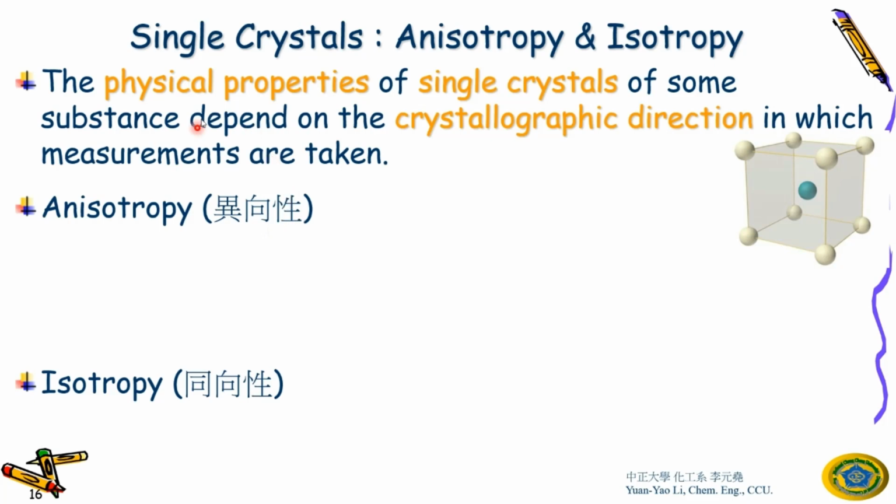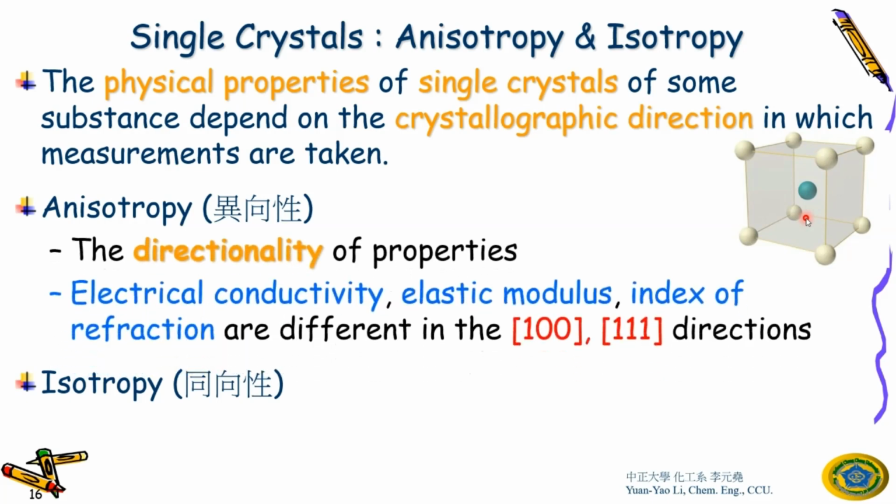So now let's go back to single crystal, and soon we are going to talk about polycrystal. In a single crystal you have anisotropy. Why? The crystal direction means linear density. If you have a high linear density and a low linear density, you will have different properties. This is what we call directionality of the property.